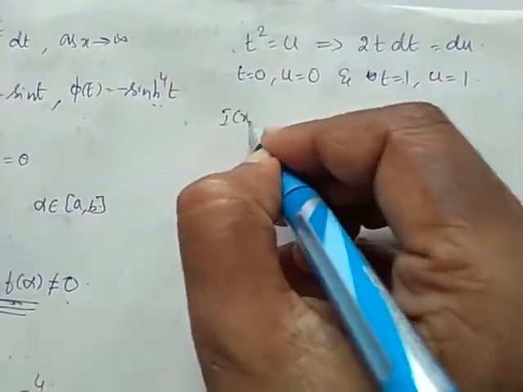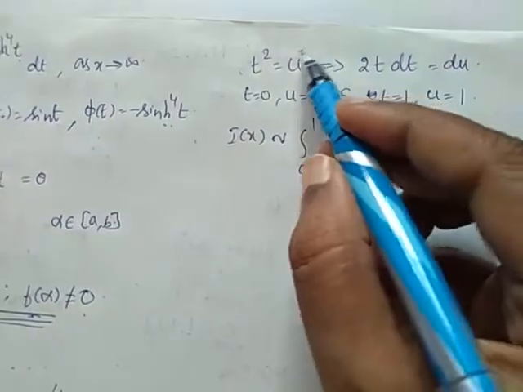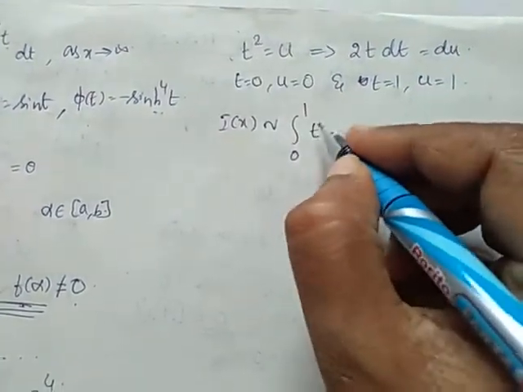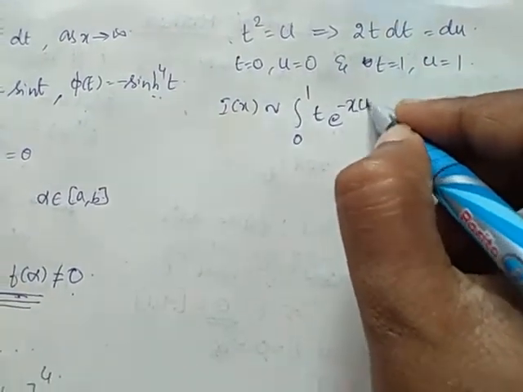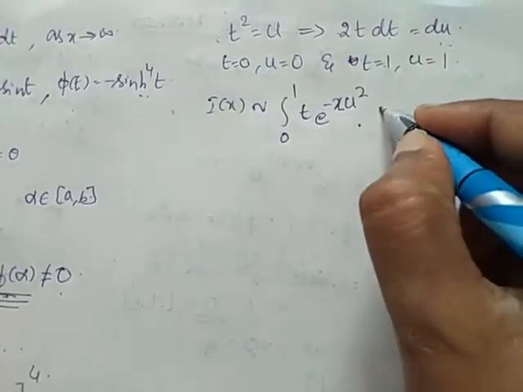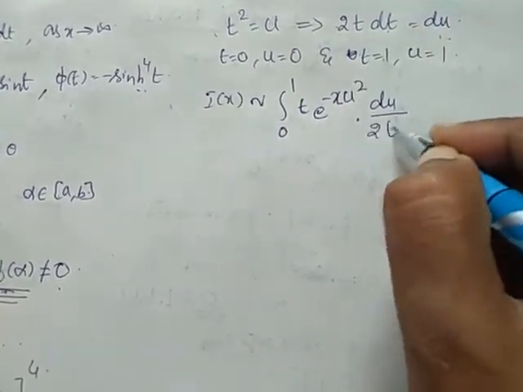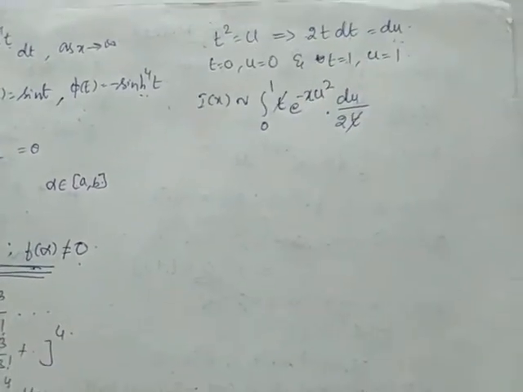Now, I am going to substitute this in the integral. So, I of x is now asymptotic to the integral from 0 to 1, e power minus x, t power 4 reduced to u square, and dt is du by 2t. Now, t gets cancelled.